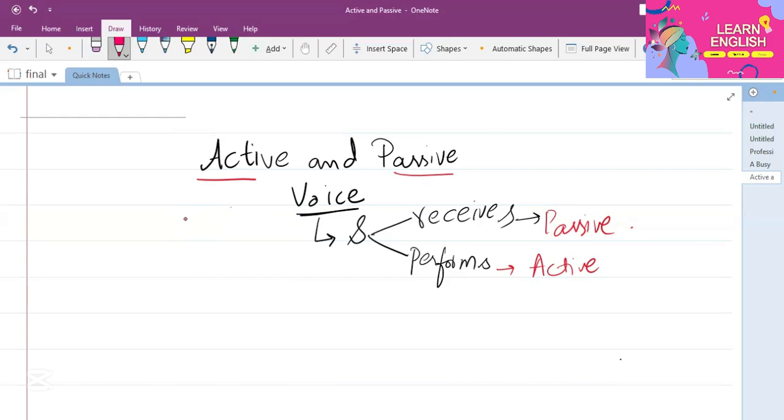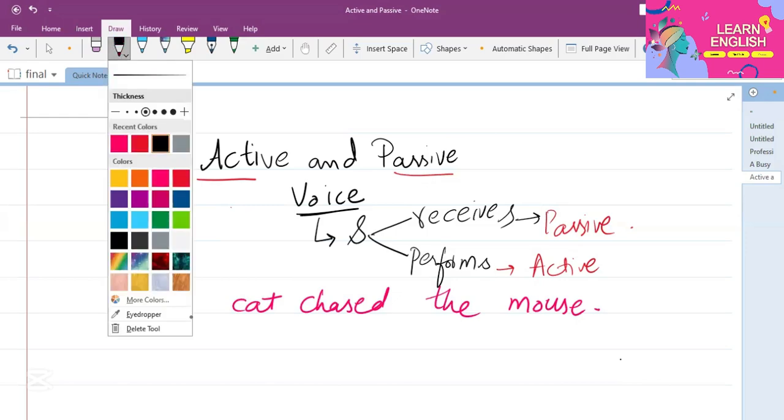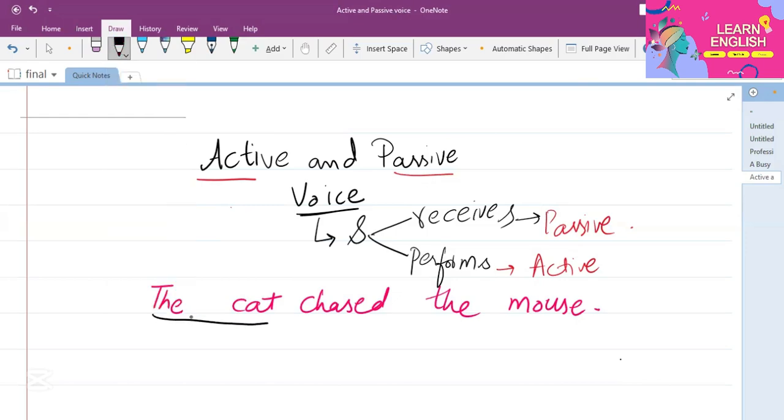Let's take an example: the cat chased the mouse. In this example, where is the subject? The cat is the subject. Where is the object?